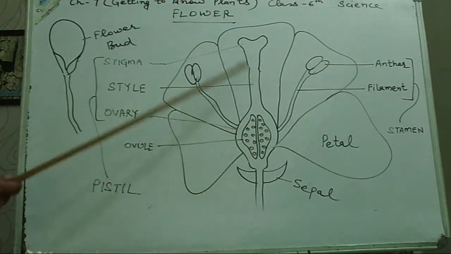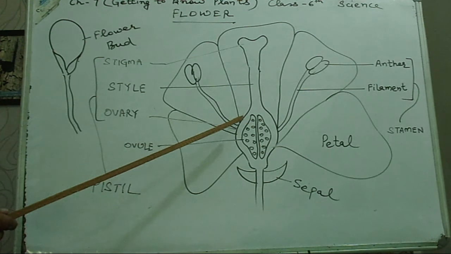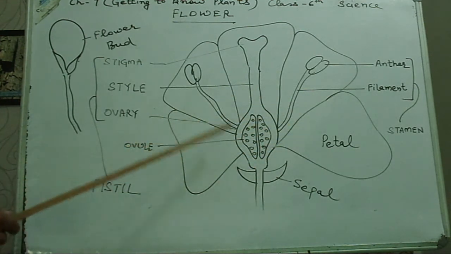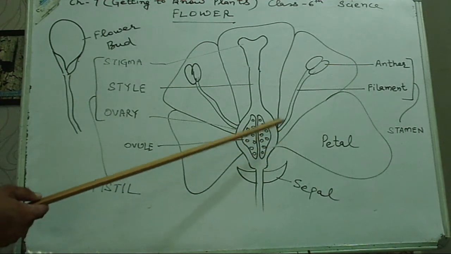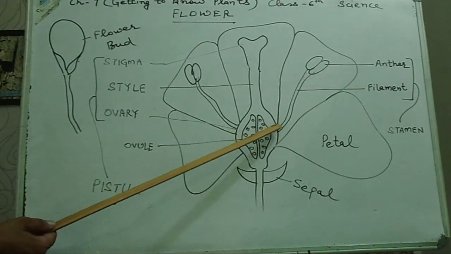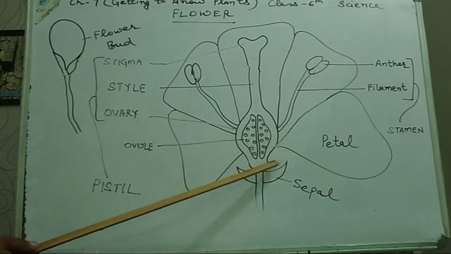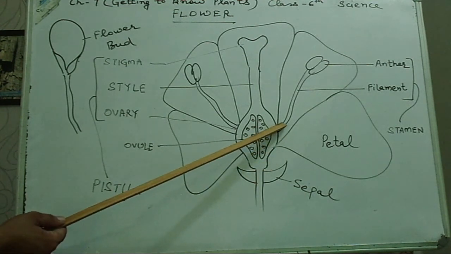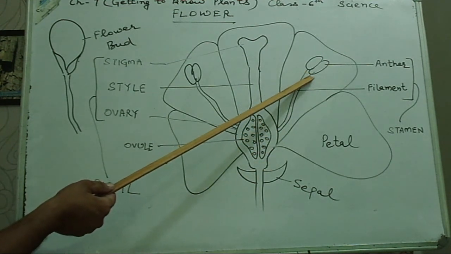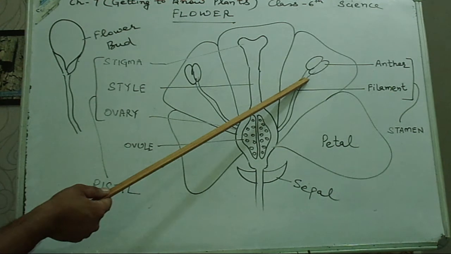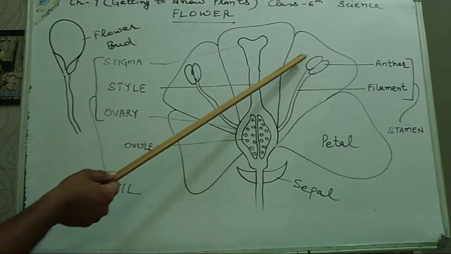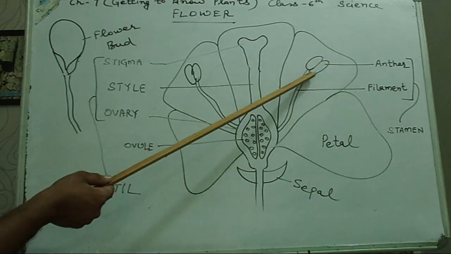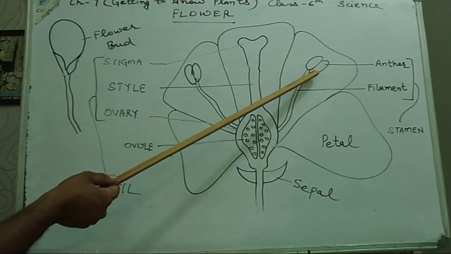Pistil is one in the flower, but the stamens are many around the pistil. Now the detailed structure of the stamen. This branch is connected with the center of the flower and is called the filament, and the filament is followed by the tip portion of the stamen, which is called the anther.